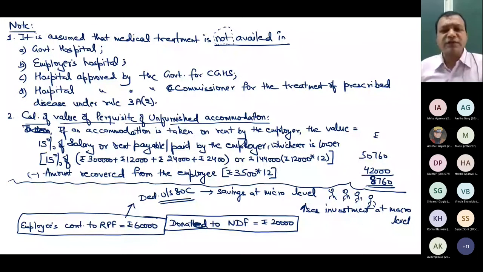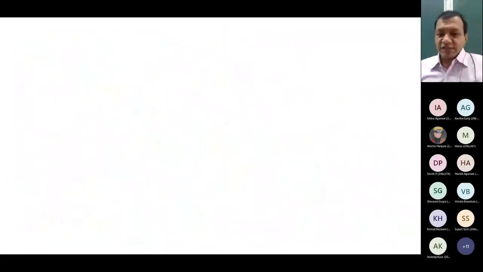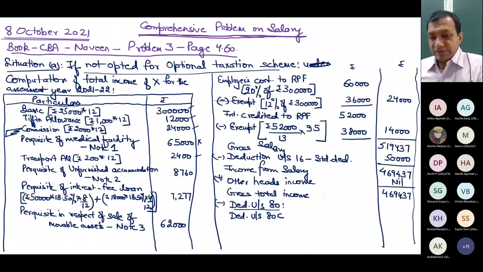That is why deduction under section 80C is given, that you save for yourself, still you will get benefit. So detailed discussion on 80C will be later on. This employee's contribution is allowed as deduction under section 80C. So this you write. It is my contribution. It is 60,000. And donation is allowed as deduction under section 80G. That also I will discuss with you later on.